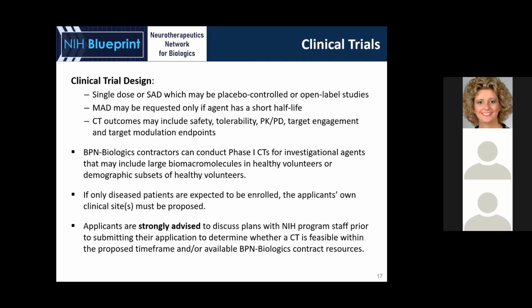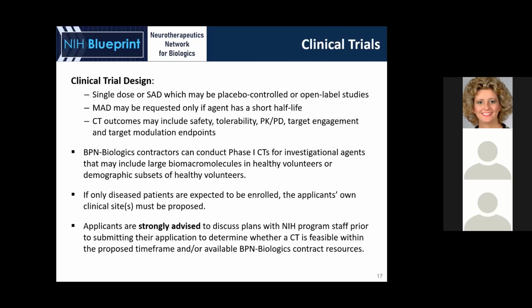Now, BPN-Biologics contractors can conduct phase 1 clinical trials for investigational agents that may include large biomacromolecules in healthy volunteers or a demographic subset of healthy volunteers. The caveat here, however, is if only diseased patients are expected to be enrolled, the applicant's own clinical site must be proposed instead of BPN-Biologics contractors.